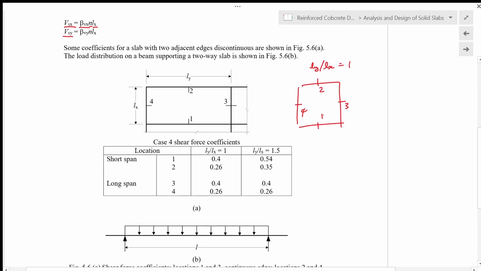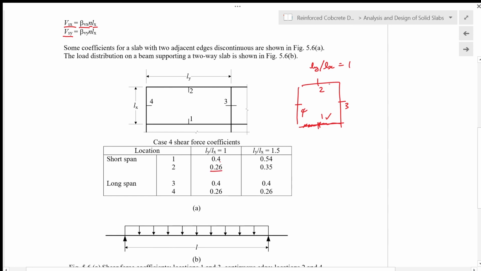So at location number 1, which is for the short span direction at the continuous edge here, it is 0.4, and then at location number 2, which is the Lx direction, the beta Vx is 0.26.